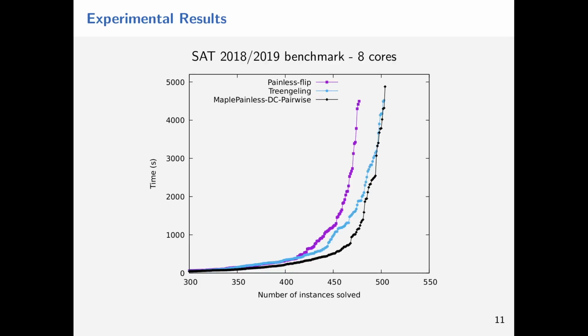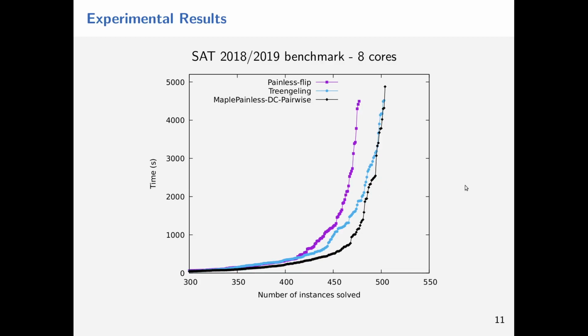And these are the experimental results for SAT 2018 and 19 main track benchmarks with 8 cores. So you could see that we significantly outperformed the baseline Painless, and we are on par with the state-of-the-art Treengeling solver in this case. But in many cases, we're much faster.